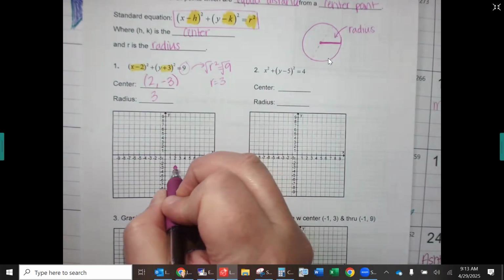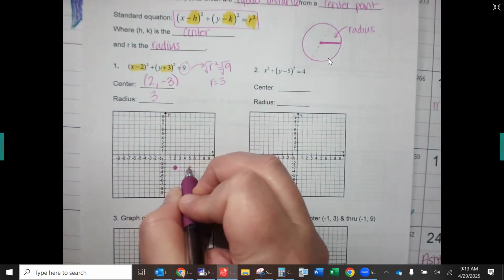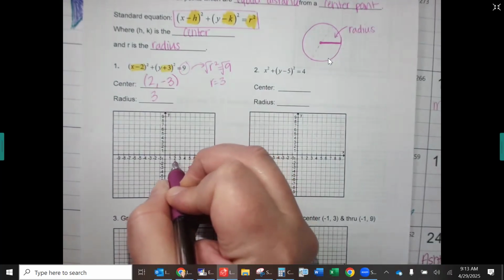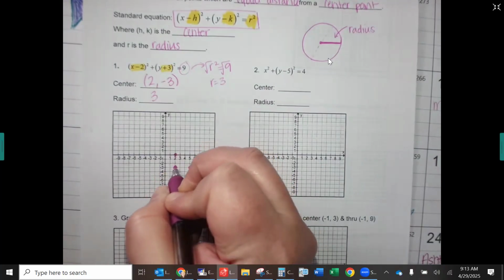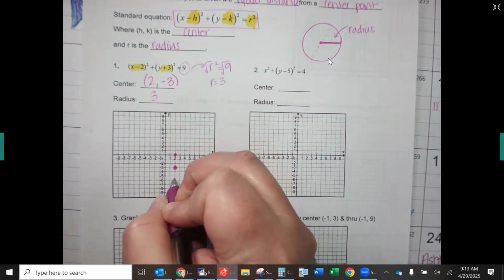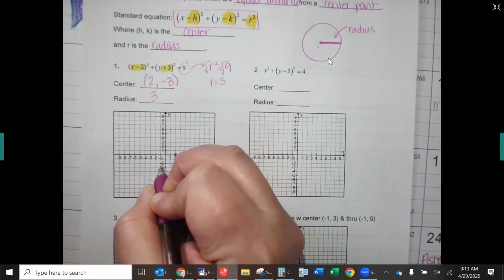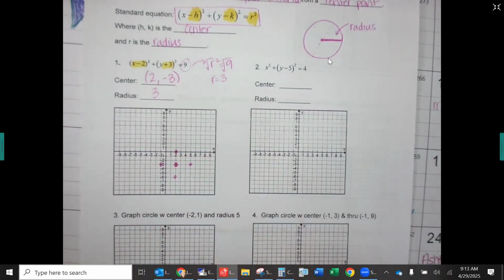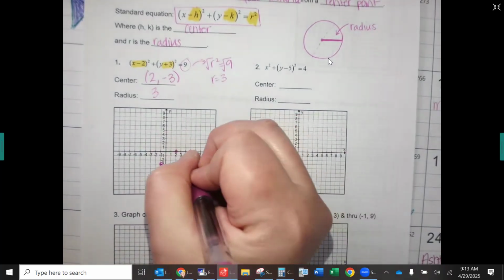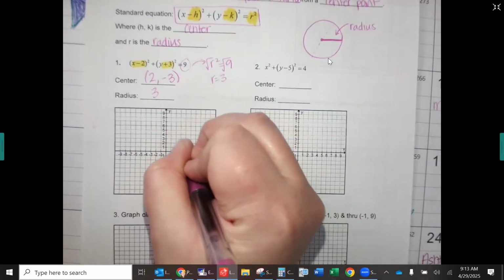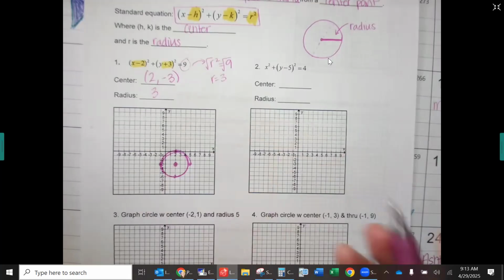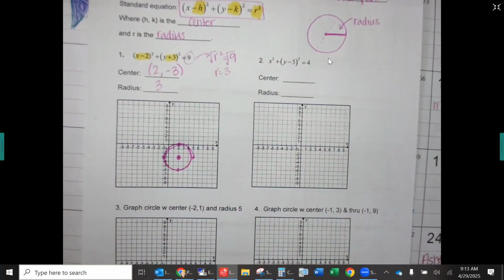You're going to count 3 this way. 1, 2, 3, put a dot. 3 up. 1, 2, 3, put a dot. 3 down. 1, 2, 3, put a dot. And then 3 to the side. 1, 2, 3, put a dot. Then you're just going to give it your best effort to make the circle. Don't stress out about it looking perfect, but it should look about like that.